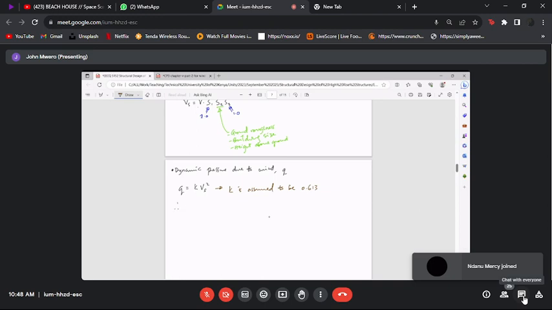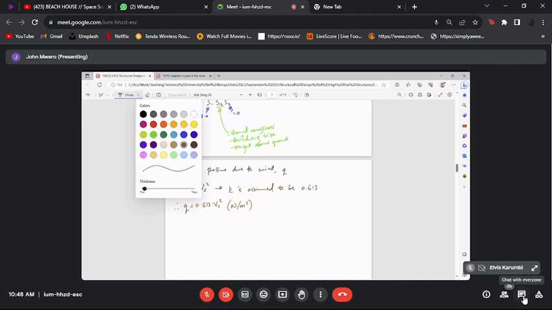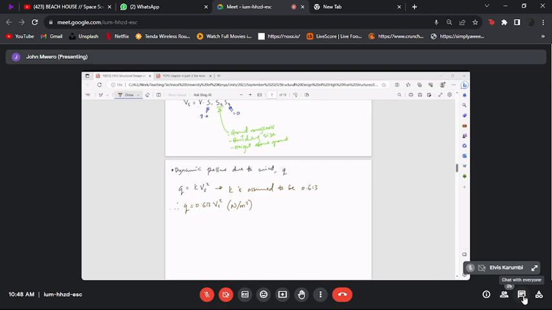Therefore, Q is 0.613 multiplied by Vs squared. And this will be in newtons per meter squared. It's a pressure quantity, yeah? So it's force over area, so you get this value in newtons per meter squared.